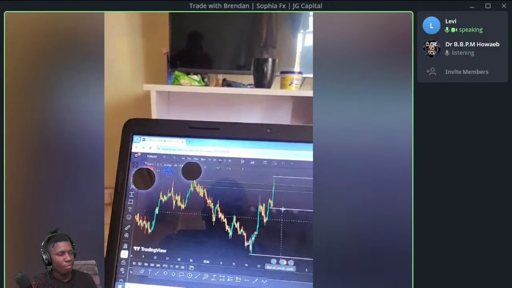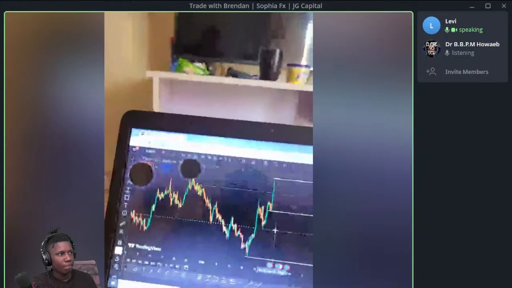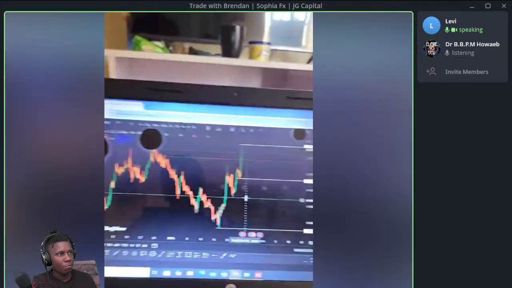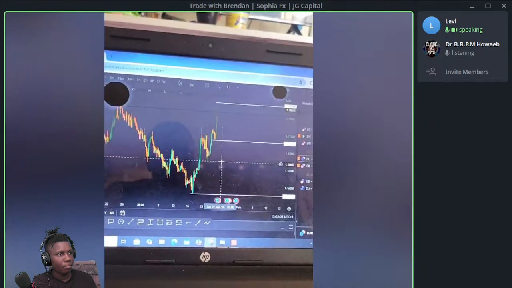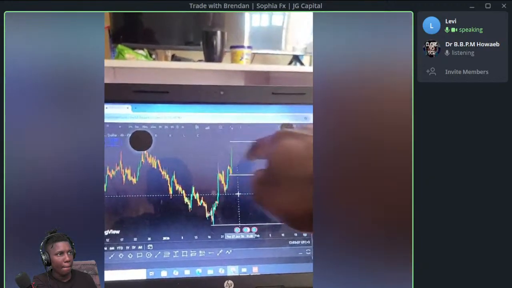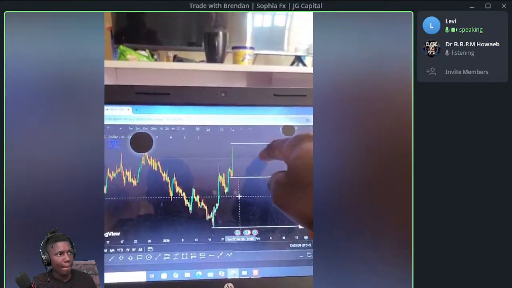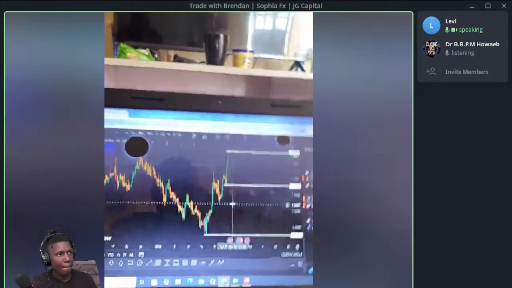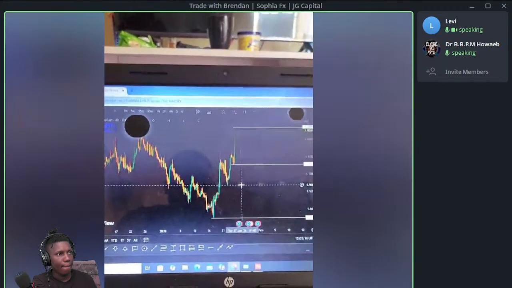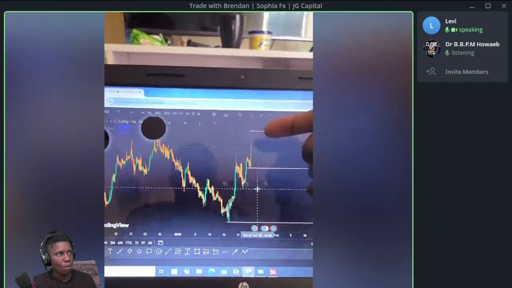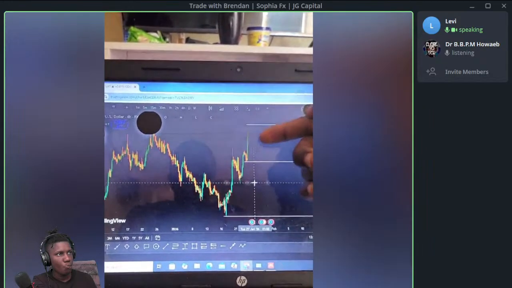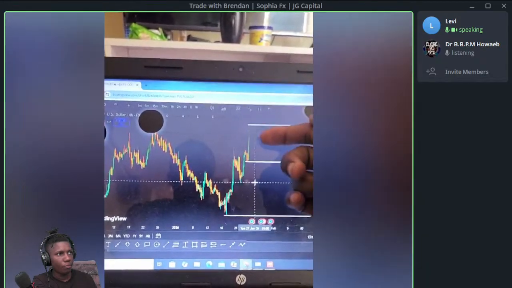This is around the 50% fib. But because of the momentum we had last week and even the previous daily, for me to look at this area to buy from this area, that's a setup that might happen maybe on Monday. But if that does not happen on Monday, then I don't think this area will be valid.